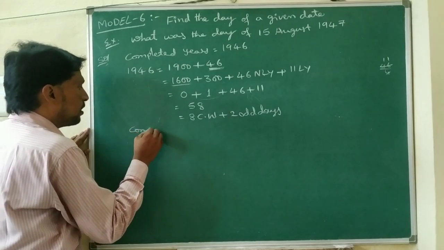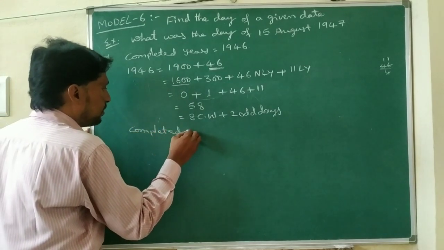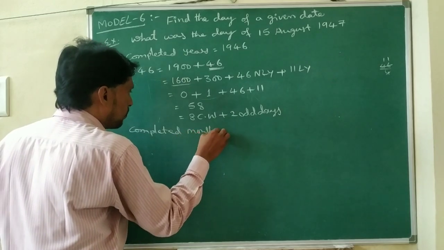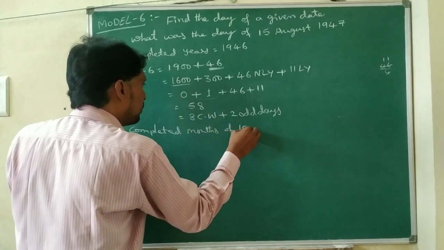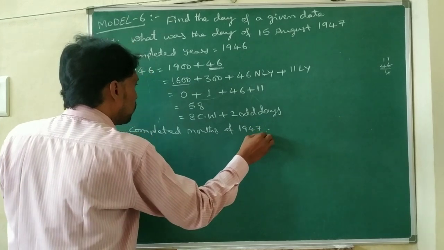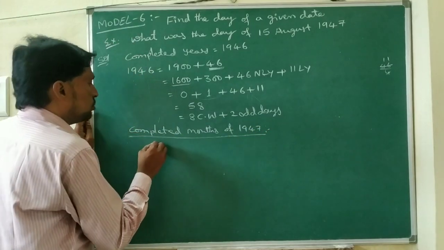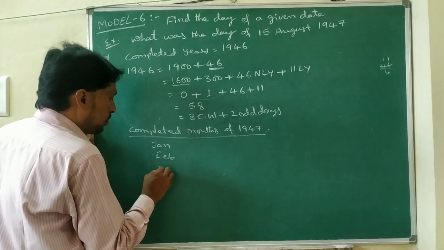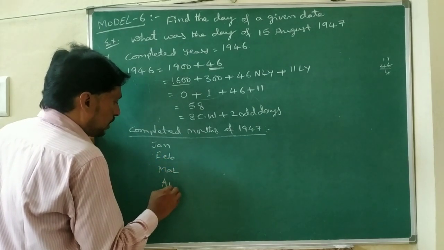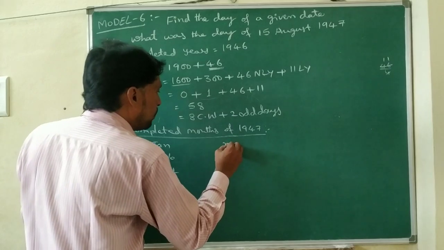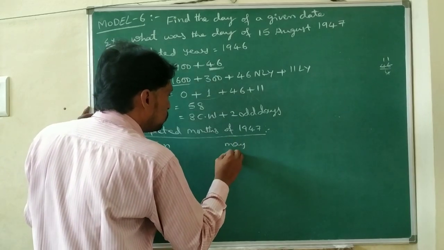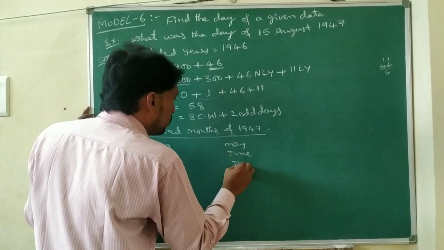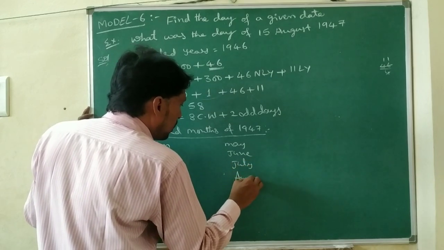2 odd days. So this is for the completed years. Completed months we have to calculate, for the months of 1947. January is completed, then February, March, April, May, June, July, August.